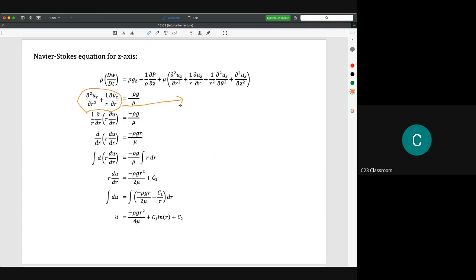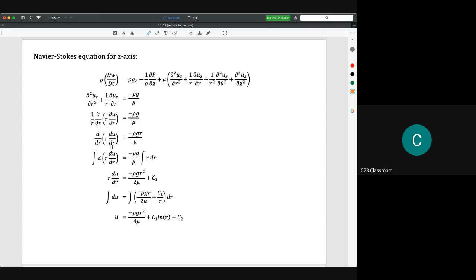So we have this term. If we factorize what we have, we could write it as this. And when we have this, we could rearrange it. We bring the r to the right hand side, so we could have this term.